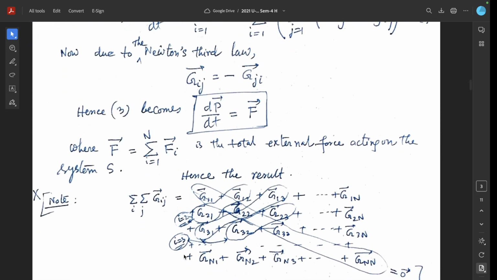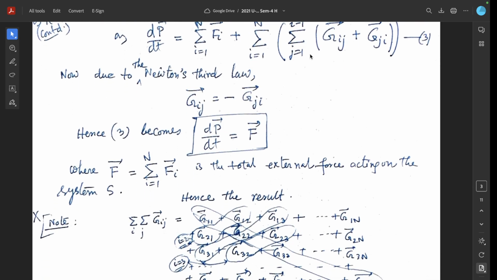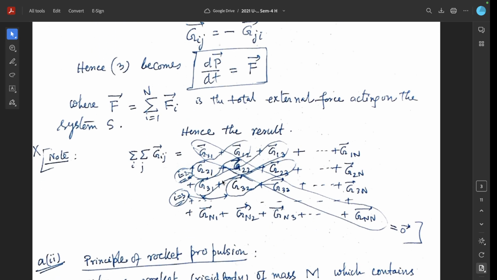Here, when i equal to 1, j equal to 1, and so on; with j equal to 1 to 3 we get G31 and G13, and G32 and G23, and so on.